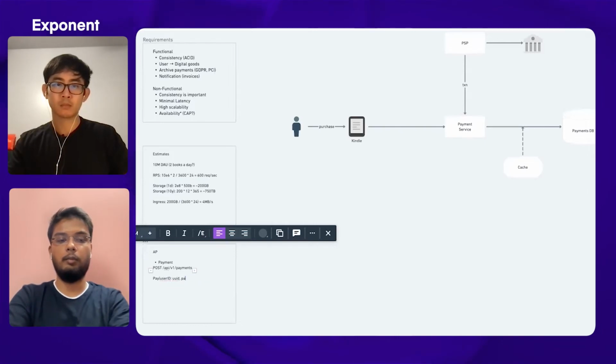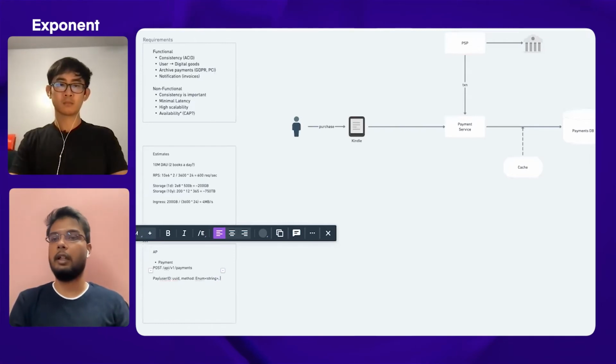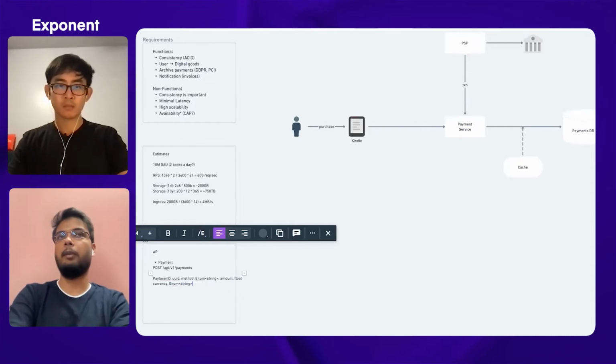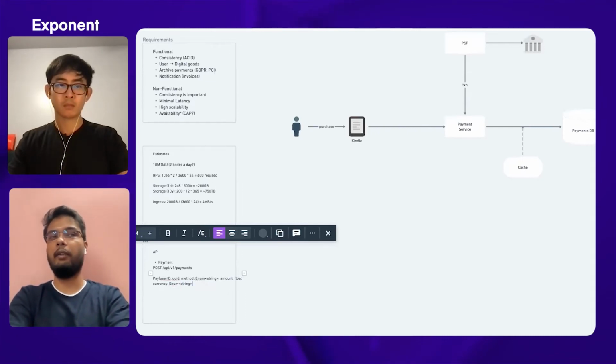I'll just do method, which would be an enum of string, like what do you want to transact with, a credit card, debit card, or net banking, and we will have the amount, and finally we will also have currency. So currency will also be an enum of string. If I'm remembering, it would be an ISO 4217 string, which is the standard currency notation.